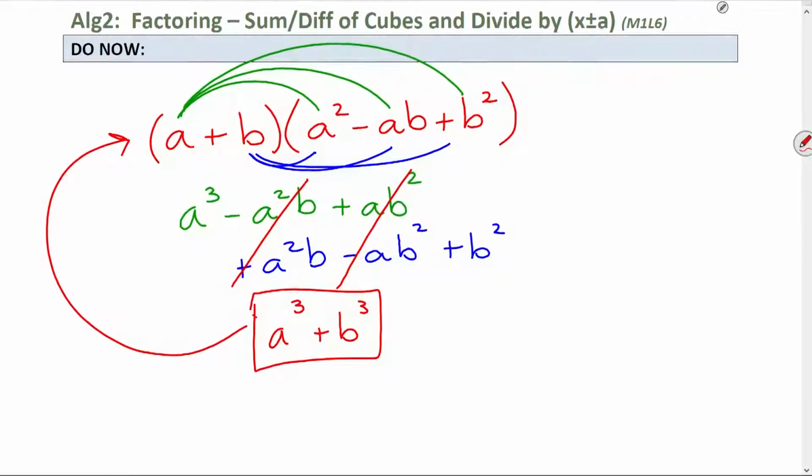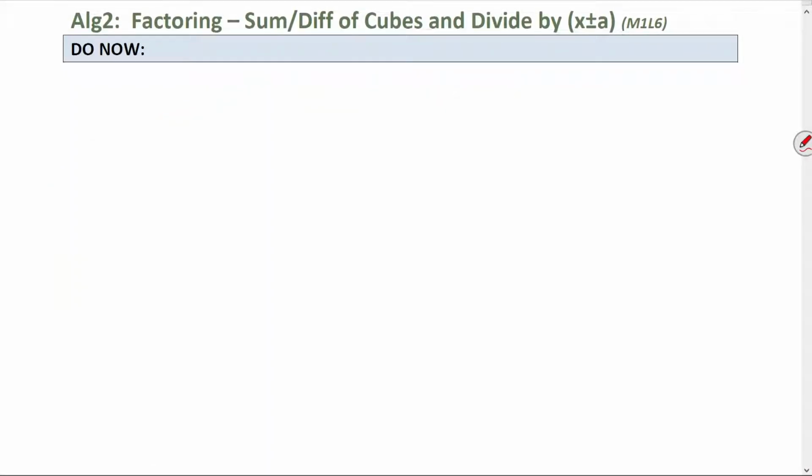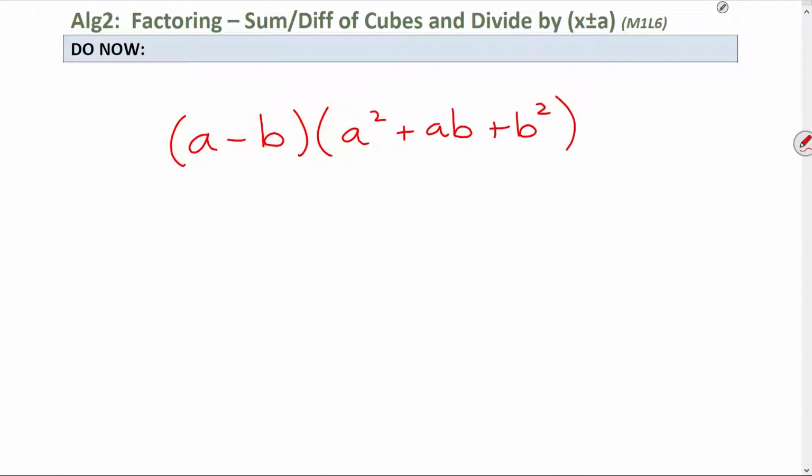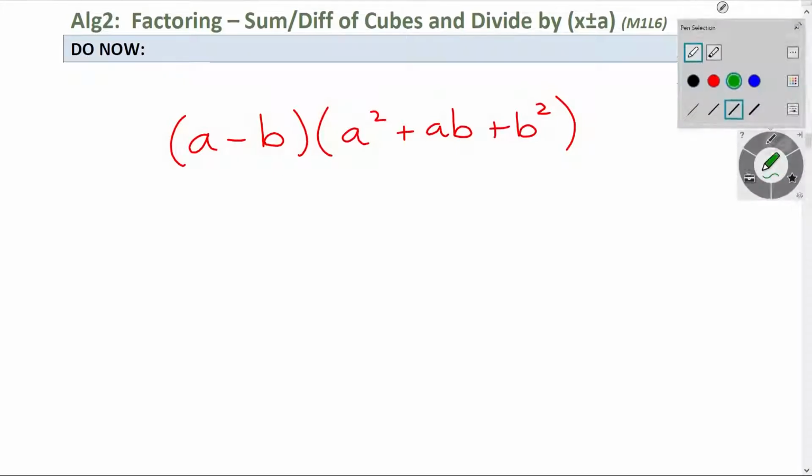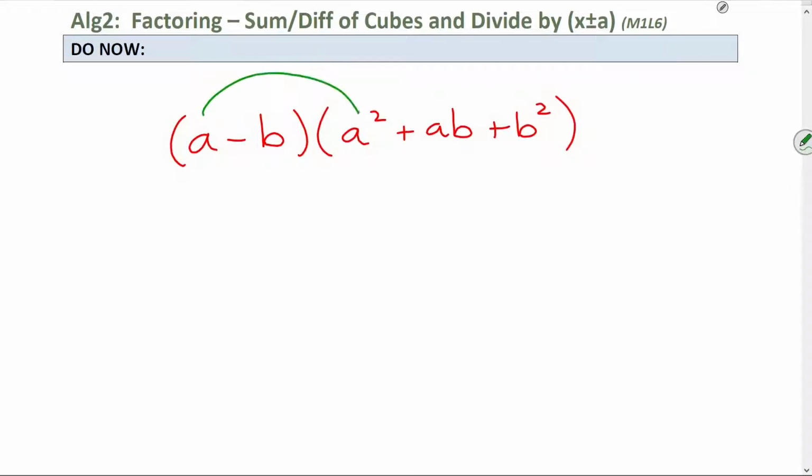I want to do the exact same thing with the difference of cubes as well. If I multiply together a minus b times a squared plus ab plus b squared, what do I get? Well, I'll multiply a times a squared and get a cubed.